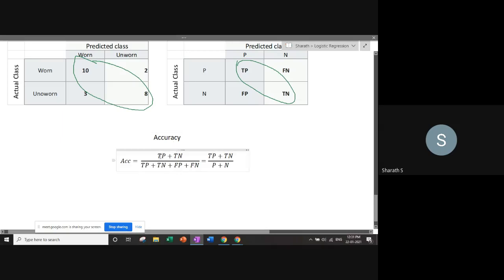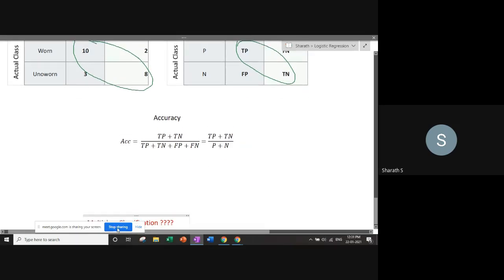So what was true as against the total? That fraction is accuracy. That can also be written as TP plus TN over P plus N. Okay, so P is basically TP plus FP, and N is TN plus FN. So this is how you can put accuracy as a metric for your classification.